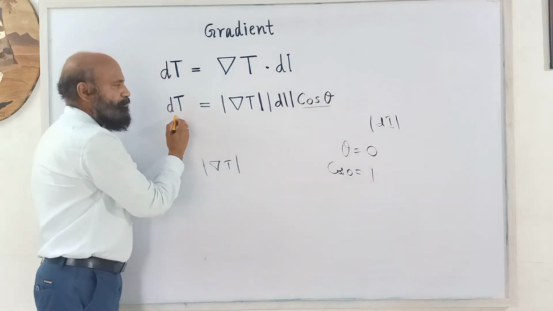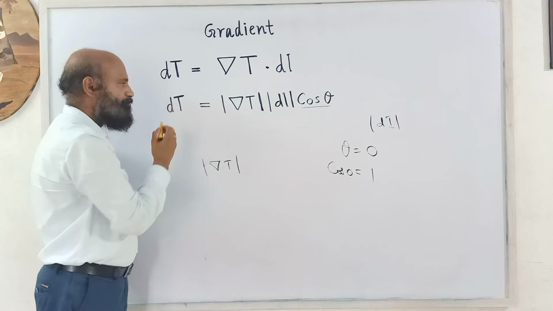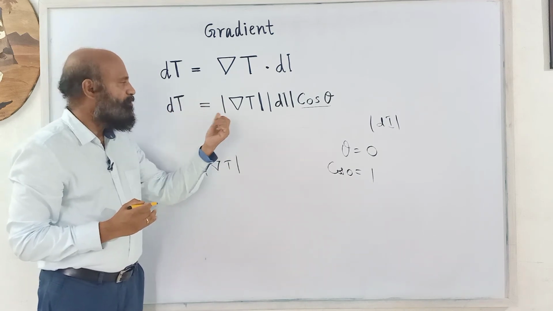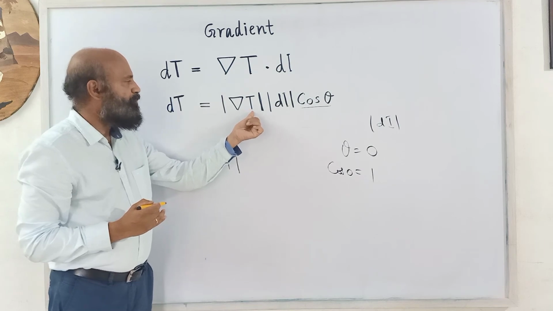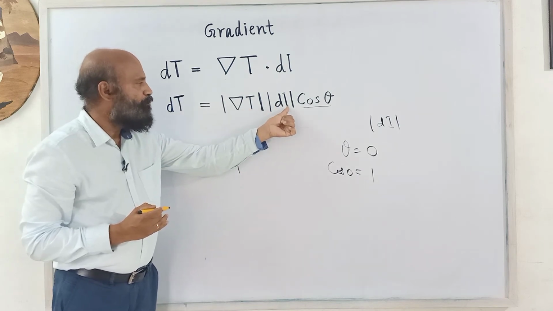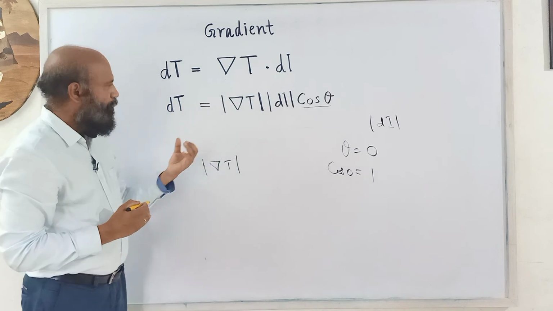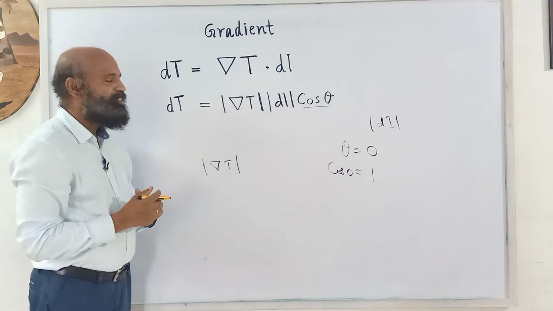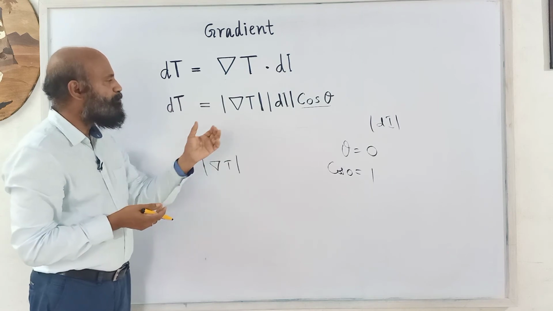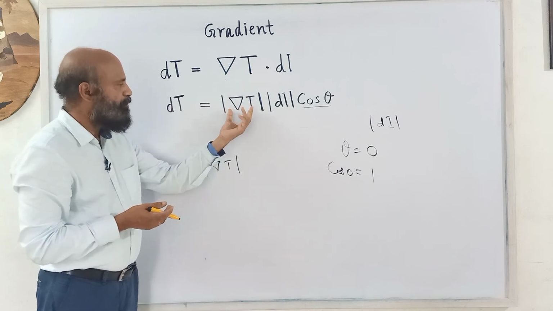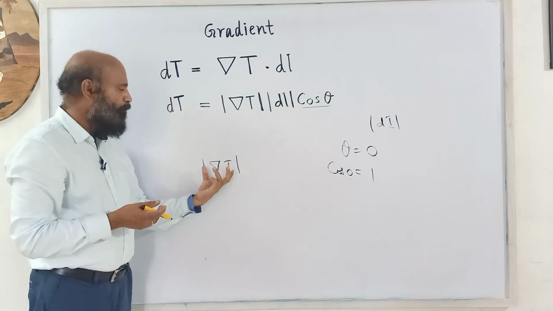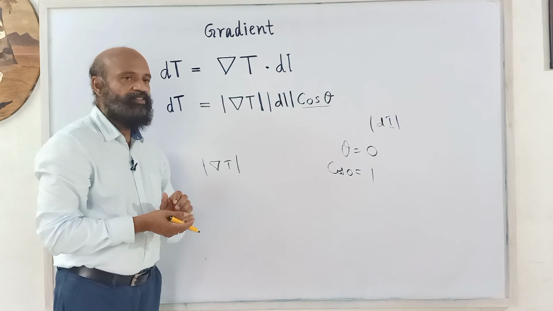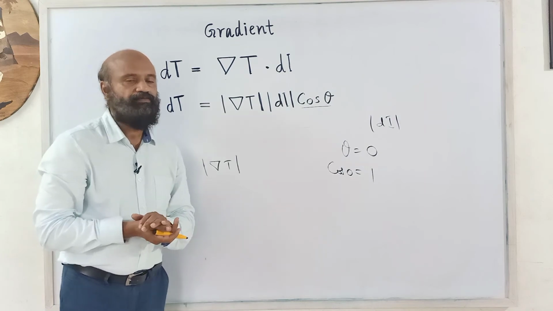So this will be maximum. That means the maximum change in temperature occurs when the gradient of temperature points in the direction of dl. Then the gradient of temperature points in the direction of maximum change in the temperature. The magnitude of the gradient of the temperature will give the slope in that maximal direction.